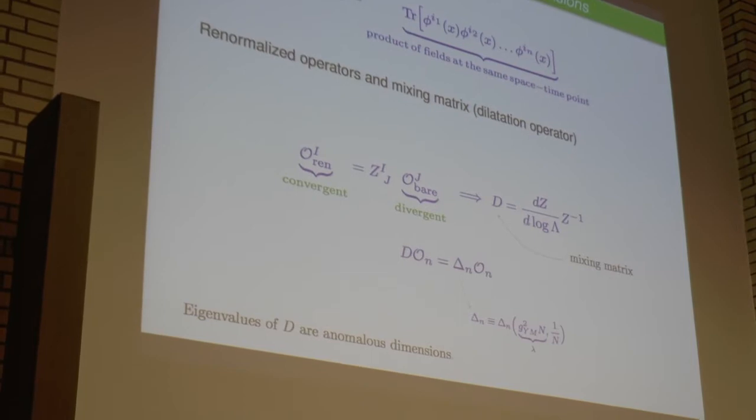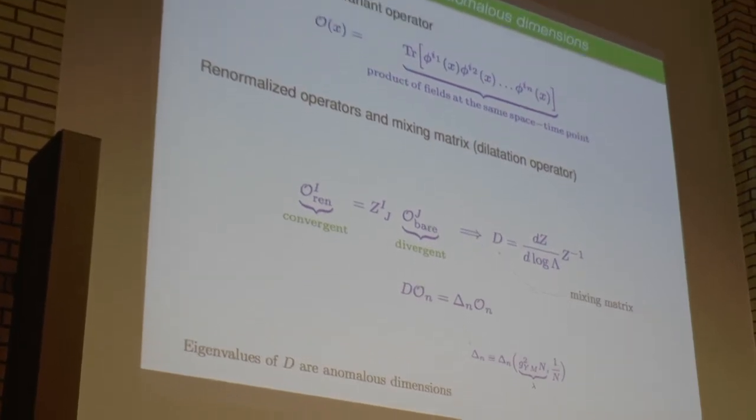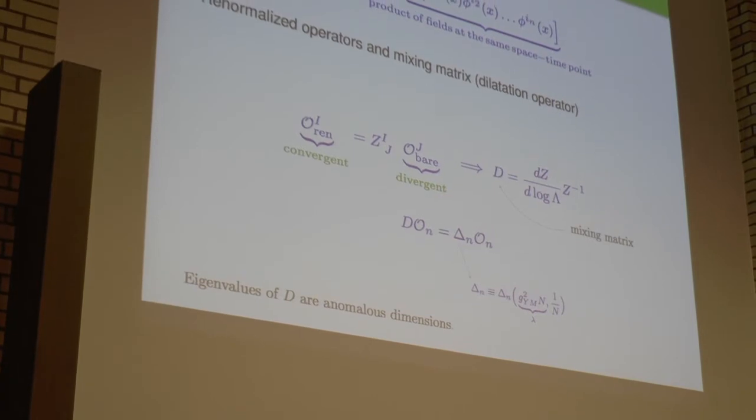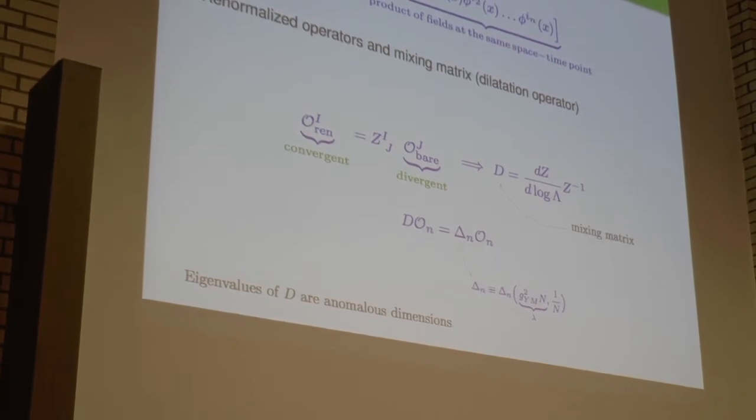Moreover, it appears that if you start from two fields in the classical theory and make these fields orthogonal at the classical level, which means that the two-point function, computed by just taking elementary Wick contractions between the fields, vanishes, these two fields might not keep their orthogonality at the quantum level.